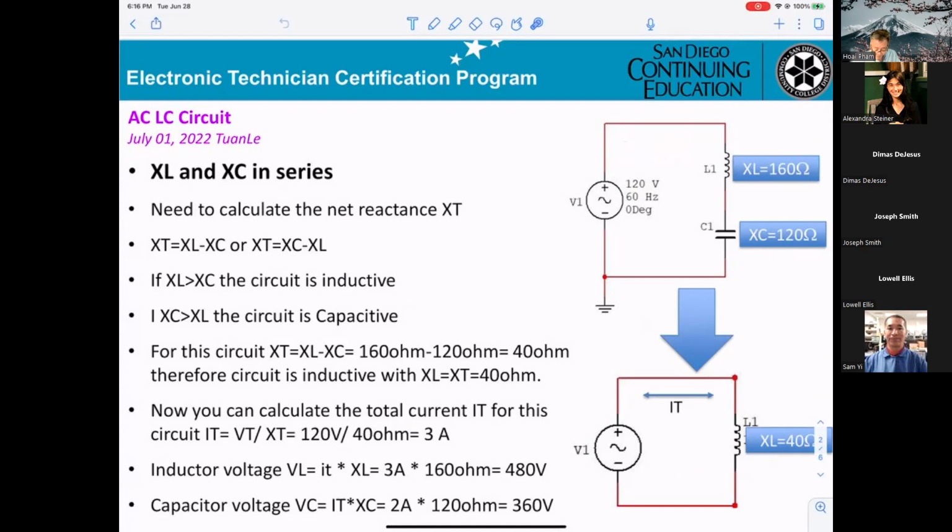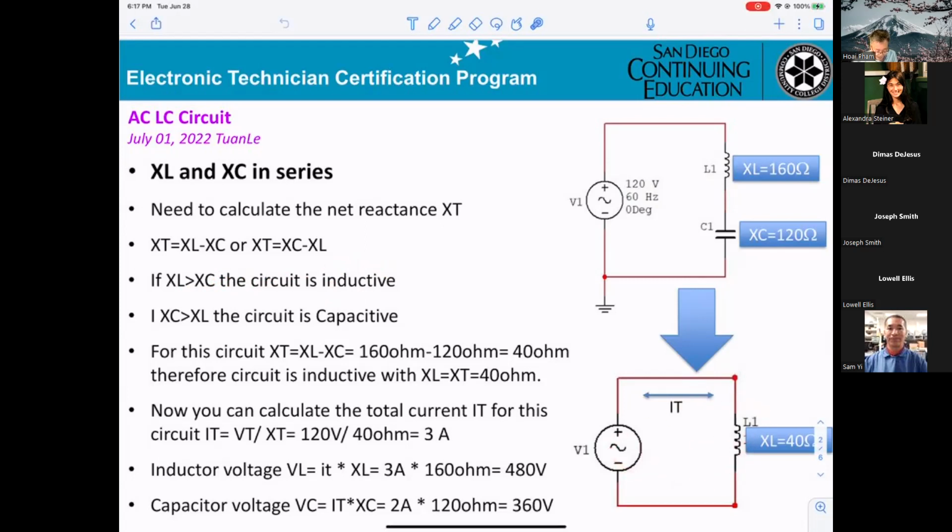Now, see what they said. You need to calculate the net reactance, XT. XT equals XL minus XC, or XT equals XC minus XL, depending on which one is bigger. If XL is higher than XC, the circuitry will be inductive.